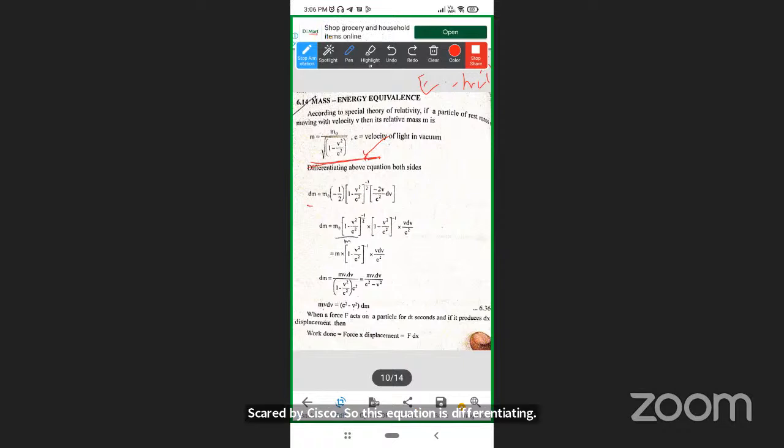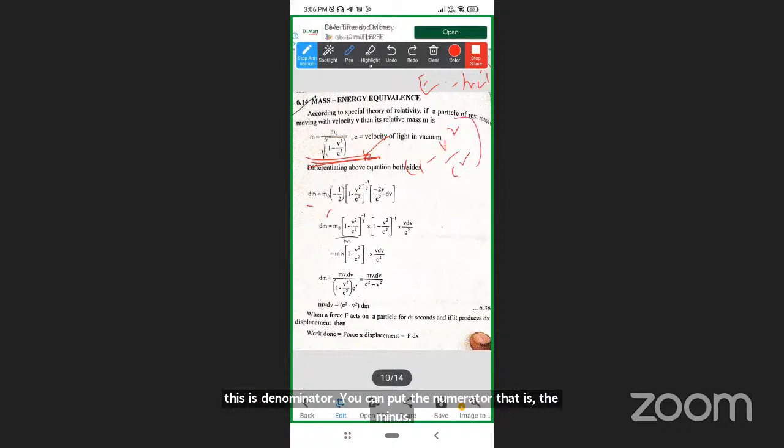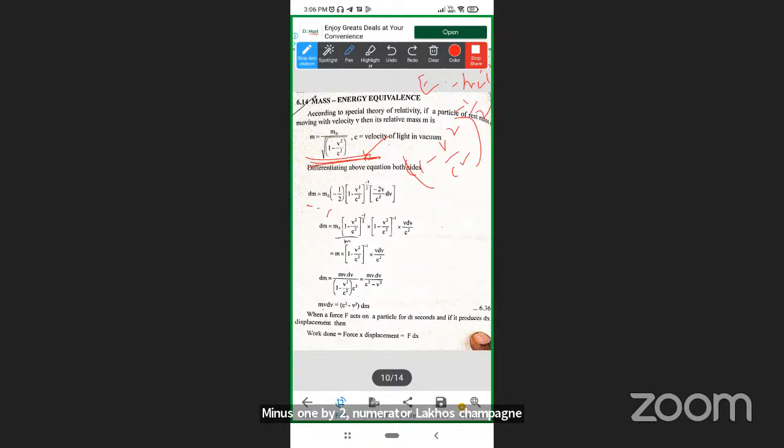Differentiating on both sides, dm is equal to what? M naught is the constant, and the rest is x power of n. X power of n means n into x power of n minus 1. So we can write 1 minus v square by c square to the power of minus 1 by 2, and the derivative is minus 1 by 2 minus 1, that is minus 3 by 2.